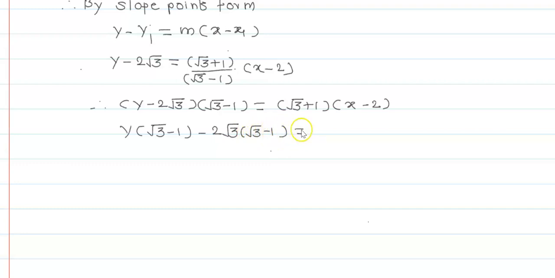Again root 3 plus 1 into x minus 2 in bracket root 3 plus 1. Now the simplification: transfer this y in bracket root 3 minus 1 to this side.